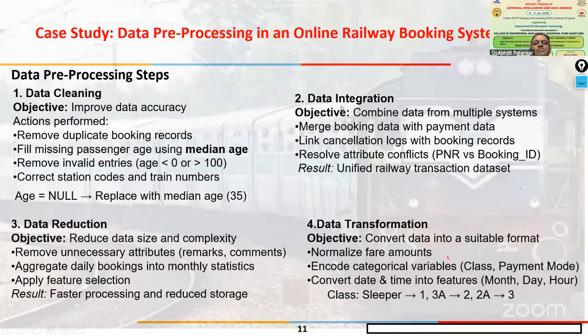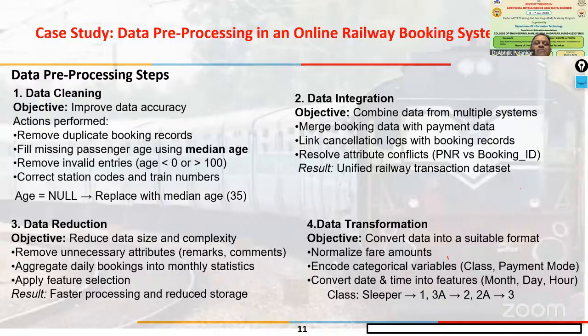Then the second operation, integration. Combine data from multiple systems, like merge booking data with payment data. Link the cancellation log with booking records. Whatever log of cancellation is done, we link with the booking record, whether the same booking is cancelled or a different booking is cancelled. So that integration is important. Resolve attribute conflicts like PNR and booking ID.